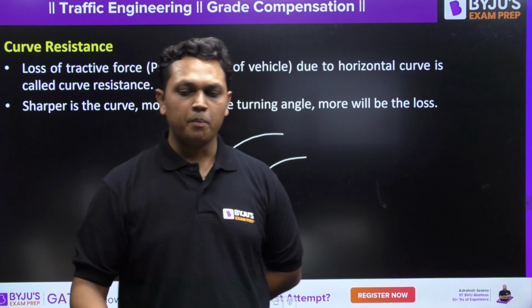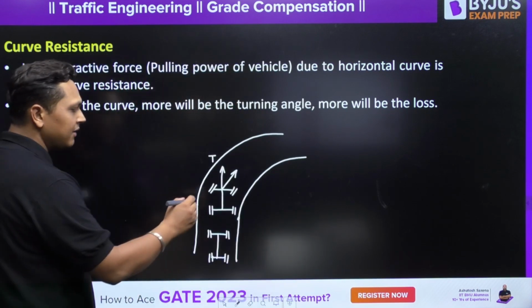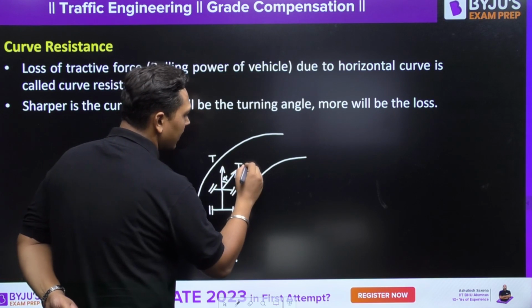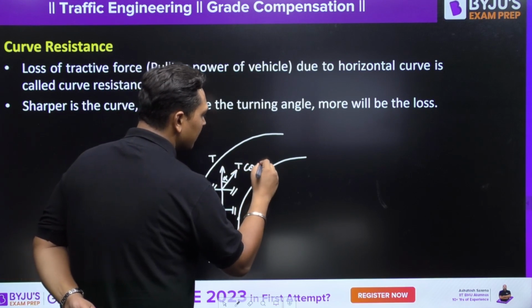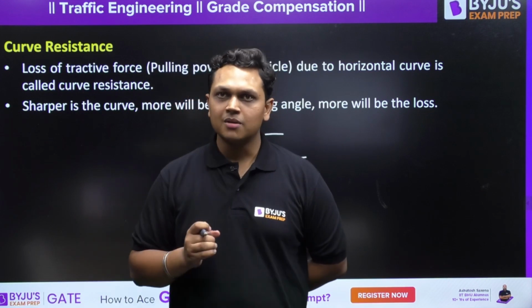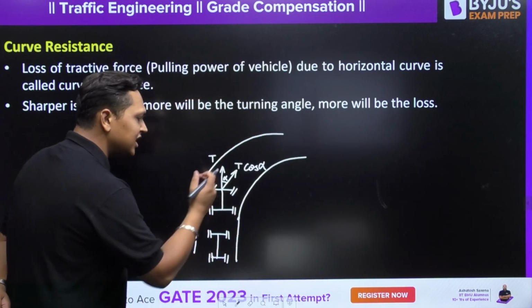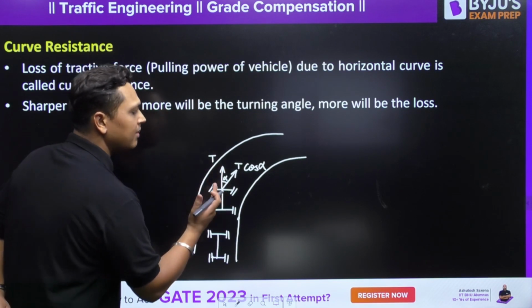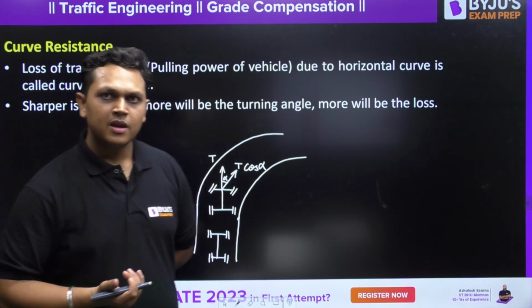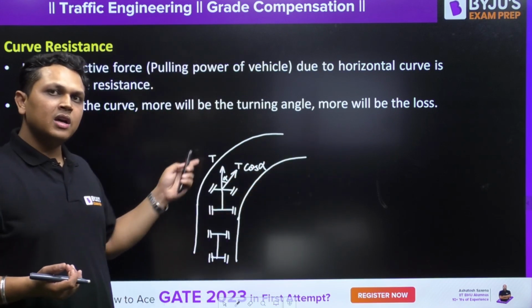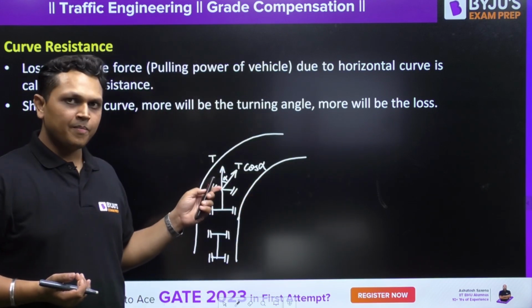If this angle is alpha, then only T cos alpha will be effective in this direction. So there is some loss in the traction. Your engine is providing an effort of T, but you are actually moving by only T cos alpha.